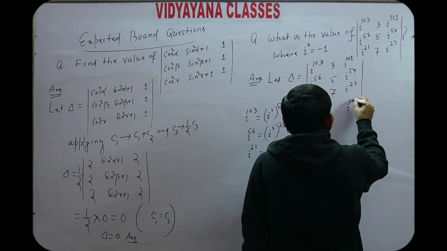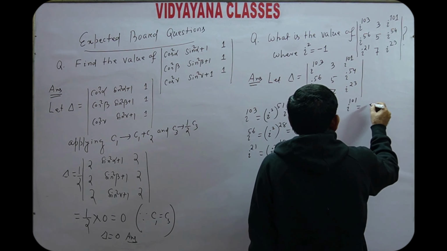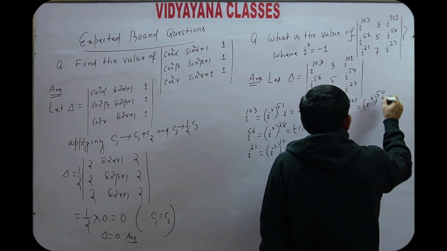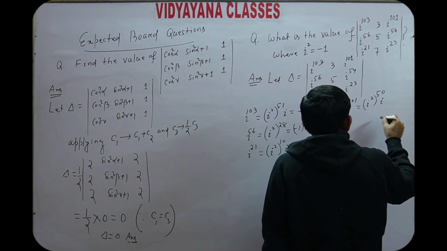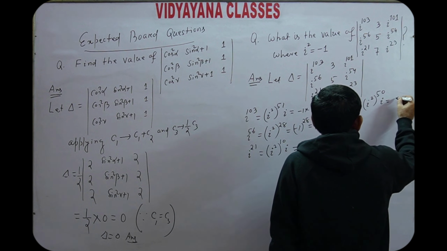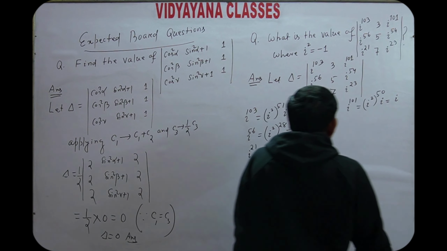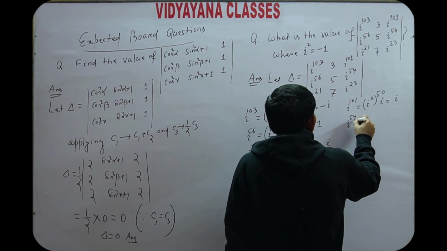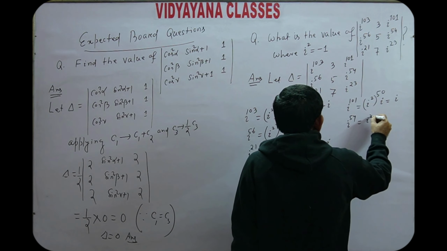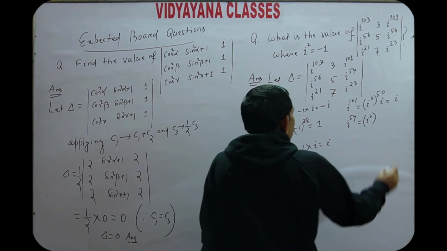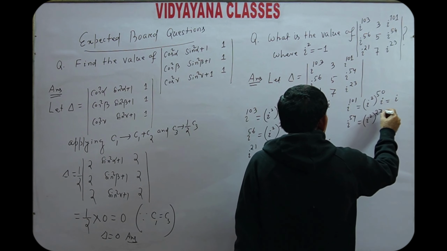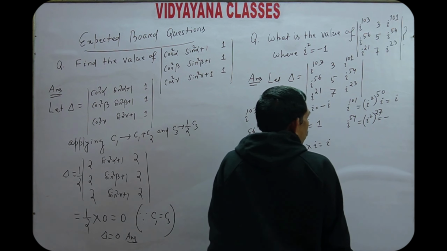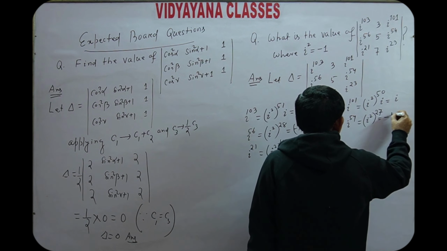Iota to the power 101, iota square to the power 50 into iota, which is equal to 1 into iota, that is equal to iota. Iota to the power 54, iota square to the power 27, that is equal to minus 1 to the power 27 is equal to minus 1.